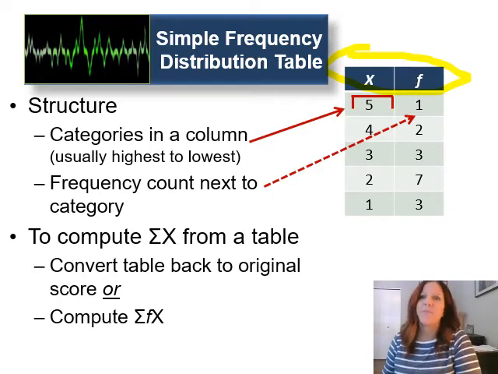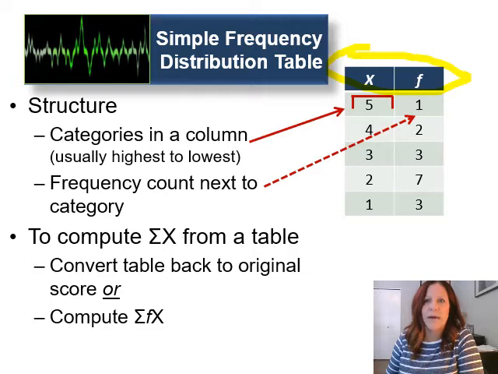So basically, how many times each of those scores occurred. For example, the score 5 occurred one time, because as you can see, the score 5 is represented under the X column, and the frequency is 1. So there was only one person that scored 5. Whereas if you look down here, like at 2, 7 people scored 2.